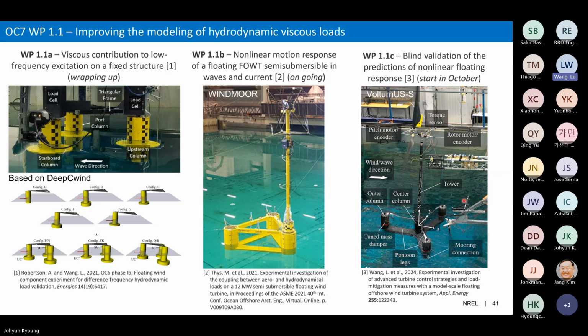Using this data set, we're investigating the contribution of viscous loads as a source of nonlinear excitation that potentially excites the low-frequency resonance motion of a floating wind platform. As shown in the bottom left, we're investigating how the viscous load modeling is affected by a variety of different model configurations.